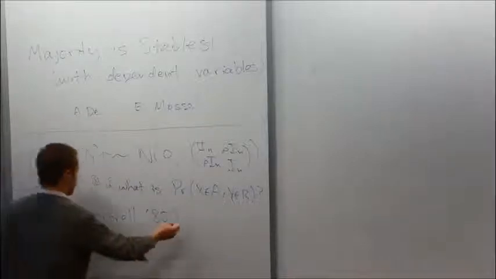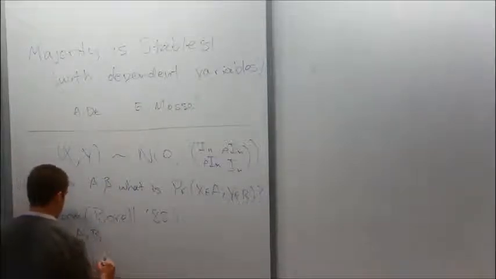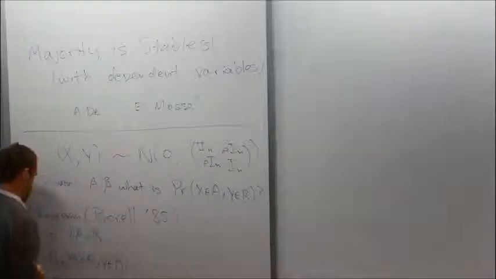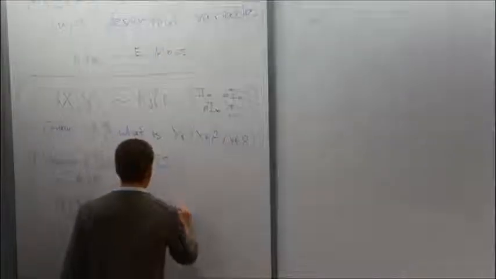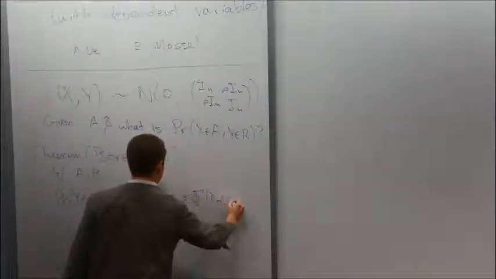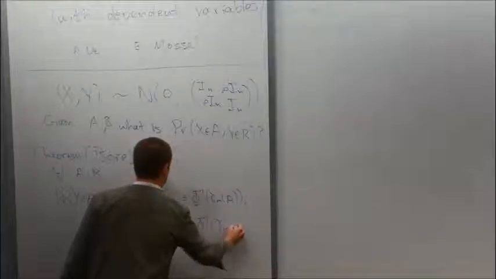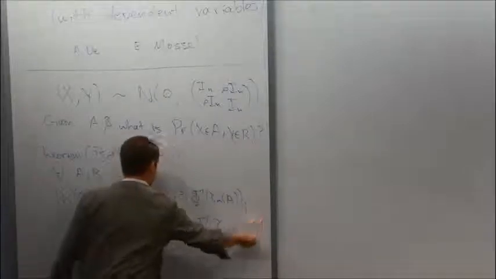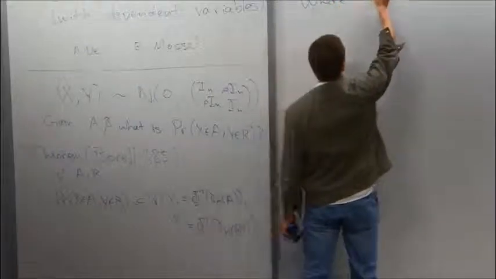So the theorem says that for all A and B, this probability is bounded by some other probability, the probability that x1 is smaller than phi inverse of the measure of A, and y1 is smaller than phi inverse of the measure of B. And here phi is the Gaussian CDF function.